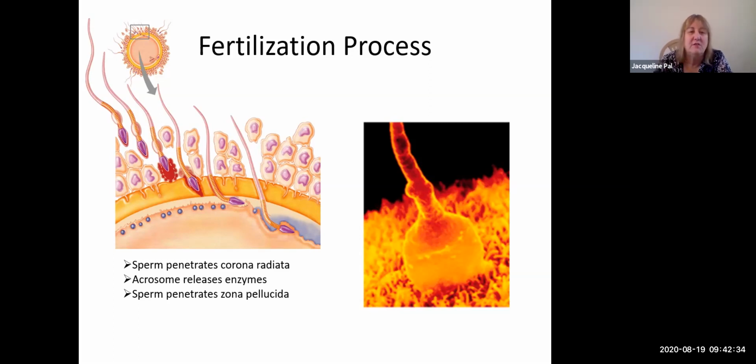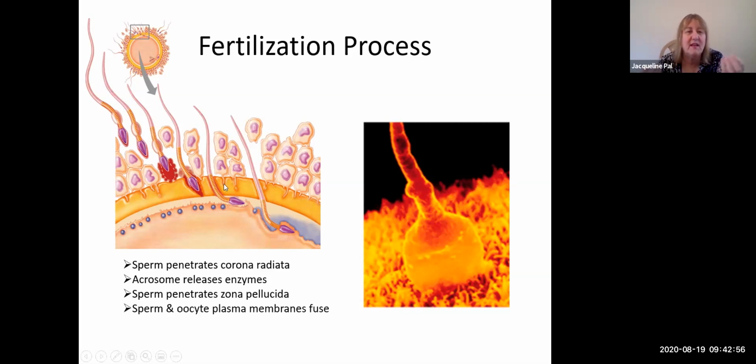Okay. So this is showing it getting through the corona radiata, reaching, can't get through the zona pellucida, releases those lysosomal enzymes, can get through the zona pellucida, and now it is inside the zona pellucida and outside the oocyte, because the brown is the oocyte.